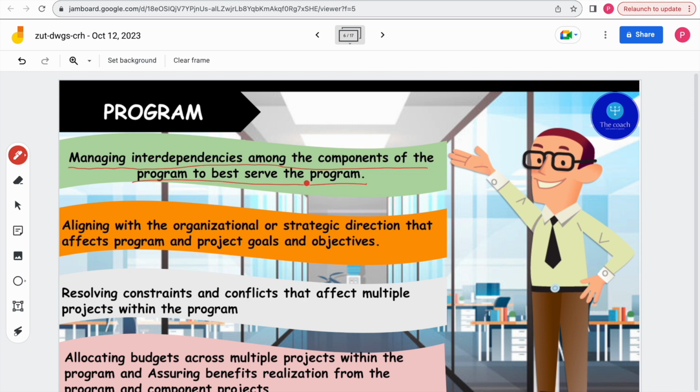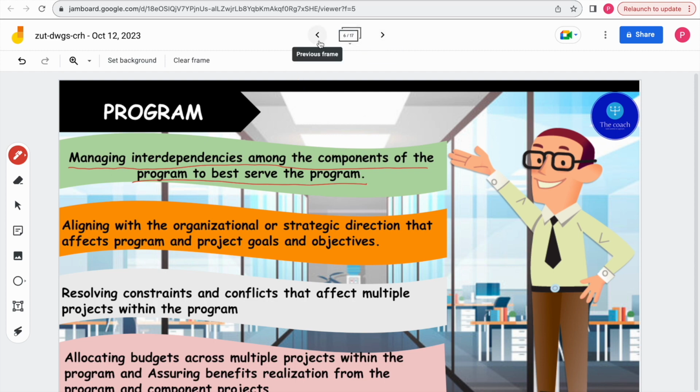So what is the program manager doing? The program manager is going to collect all the related projects, group them, and give one program manager to manage those projects, so that he can see the interdependencies between the projects.